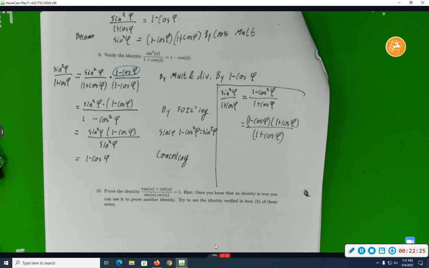Yeah. I guess it's kind of a cheesy way to do it, but if you go back to that sine squared over 1 plus cosine, and if you can recognize that 1 minus cosine squared is equal to sine squared, then you can kind of just finish it there, because it would be the same to each other. Like the one right above it.